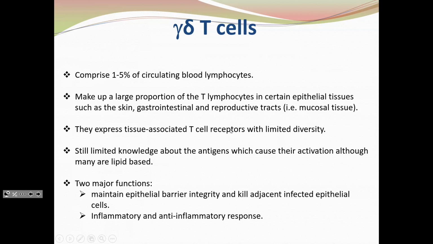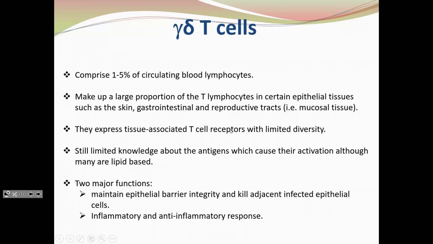The other thing is that these gamma delta T cells are more active or more associated with barrier functions like the gut, respiratory tract, or the skin, as opposed to circulating through the lymphatics and the bloodstream. But another thing about these cells is that they seem to have completely opposite effects.